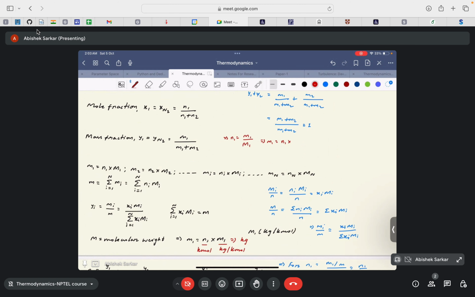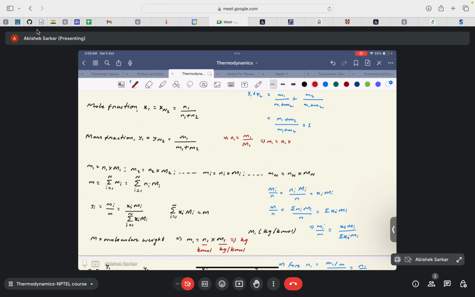We consider the ratio mi over n. mi is ni into Mi from these relations, then ni over n gives us the mole fraction xi, so mi by n gives us xi into Mi.